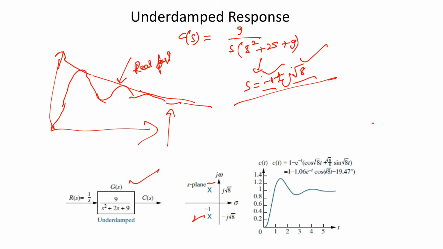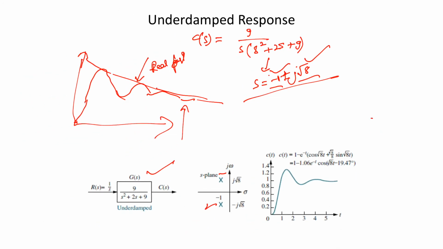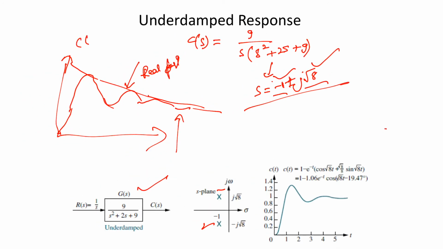That is, this exponential decay is generated by the real part of the complex pole, and this sinusoidal oscillation is generated by the imaginary part of the complex pole pair.